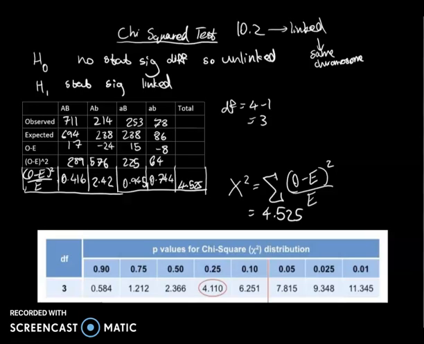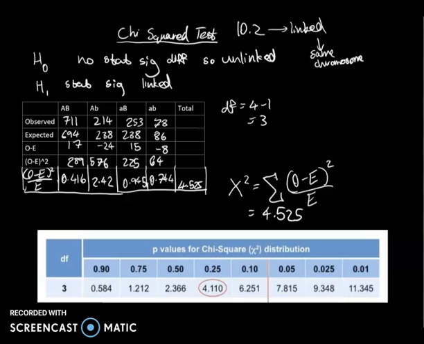Therefore, we have to accept the null hypothesis, H0, which claims that there's no statistically significant difference, so the genes are unlinked. So that's the conclusion we draw in this question.